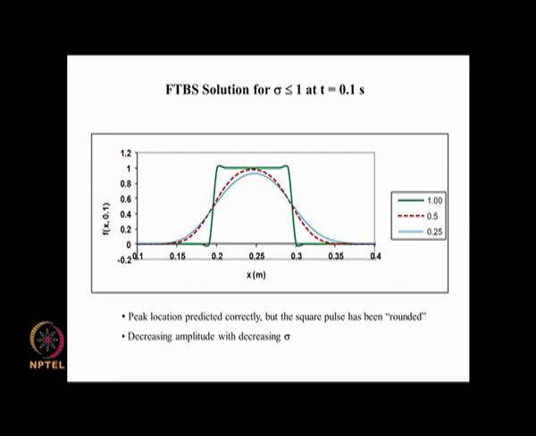For example, if you take a specific scheme like FTBS and reduce the Courant number, that is reduce the Δt, we are expecting a more accurate solution. We are not really getting that.